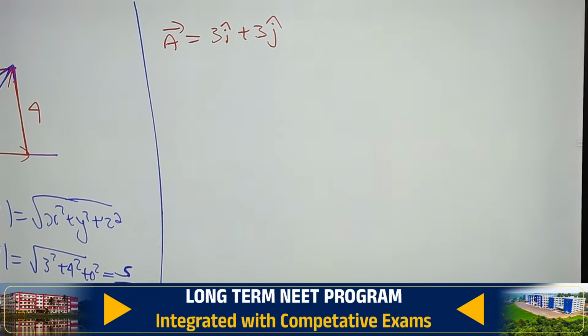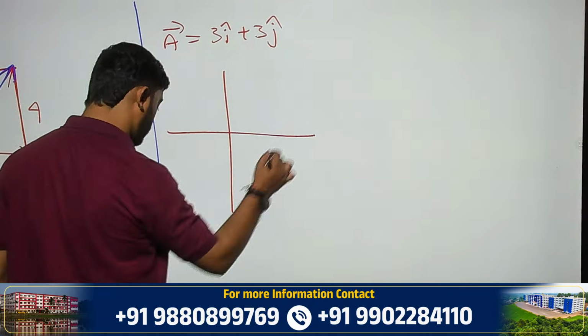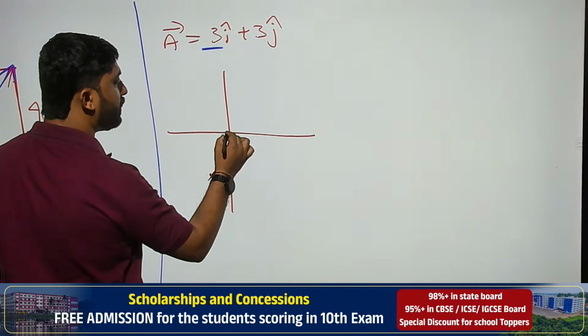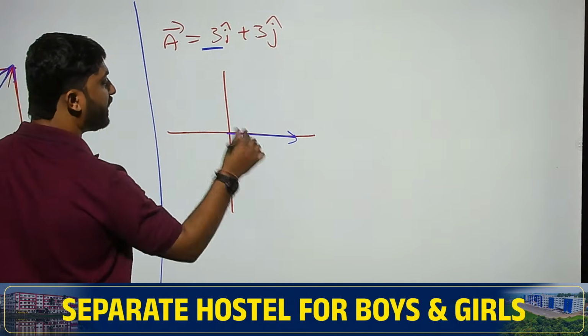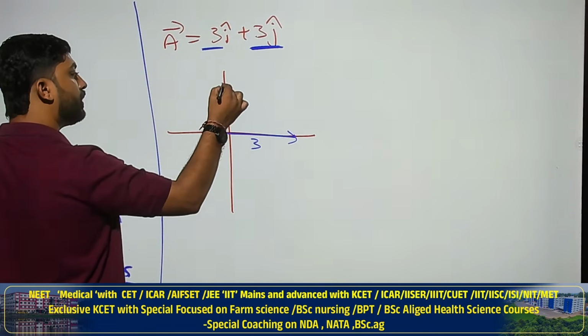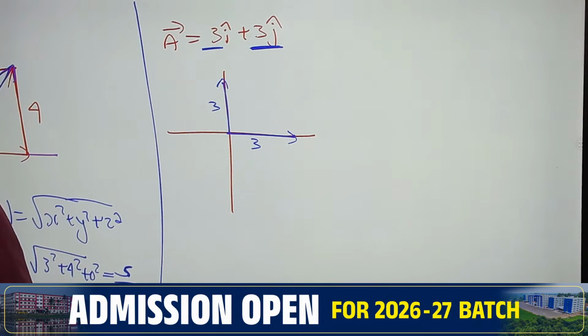If you represent this geometrically, you have to draw a vector of magnitude 3 in x-axis, and you have to draw another vector of length 3 in y-axis.